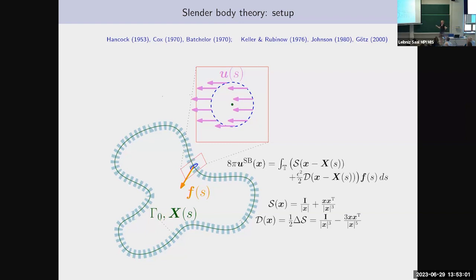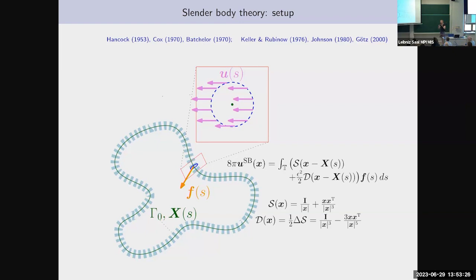Okay, so this is the classical slender body approximation for the effect of a thin filament of radius epsilon on the surrounding fluid. This is valid at points that are away from the actual center line of the filament, so it is an approximation for the surrounding fluid velocity.